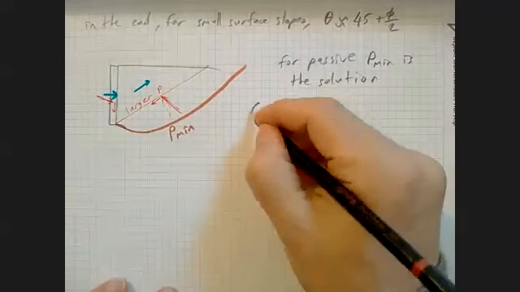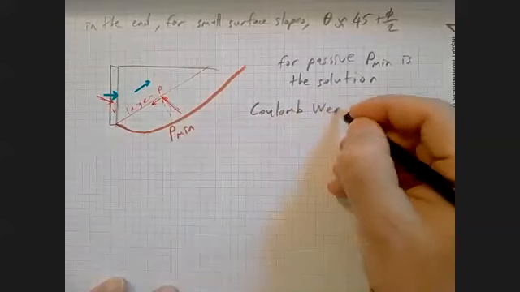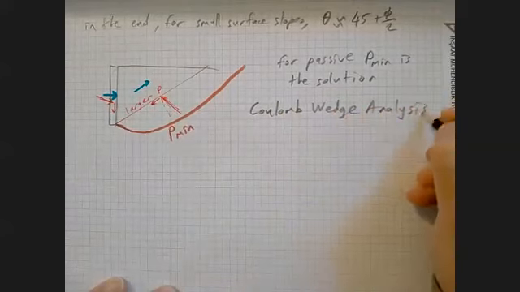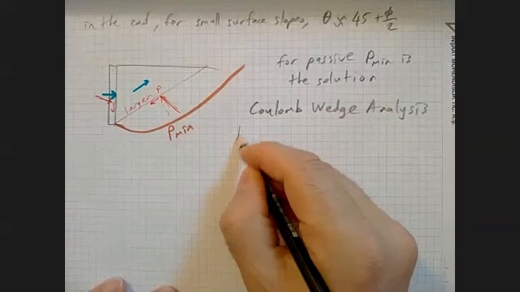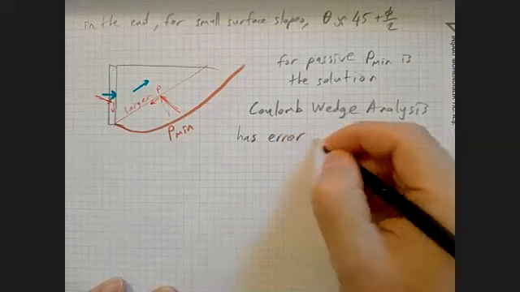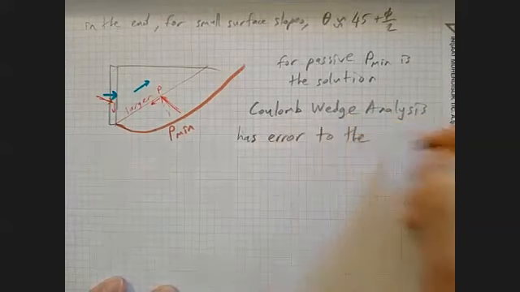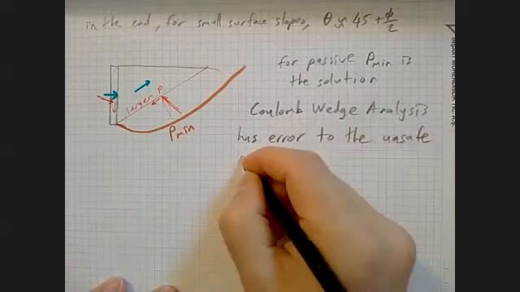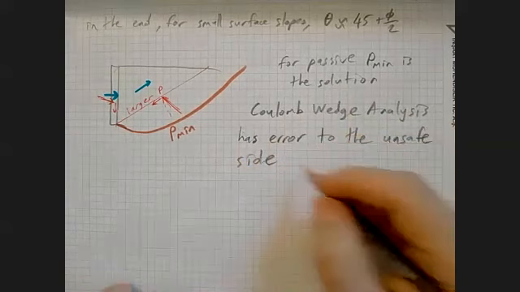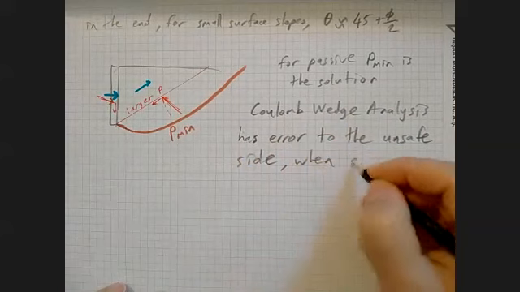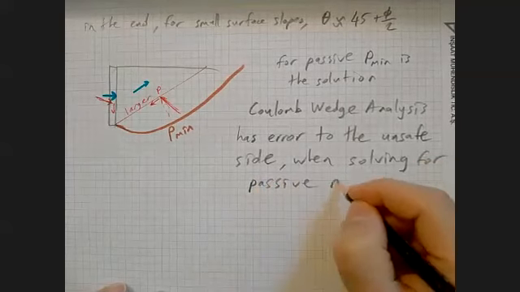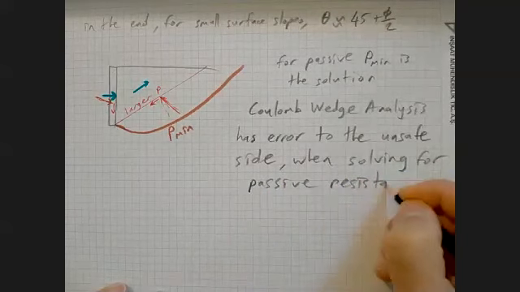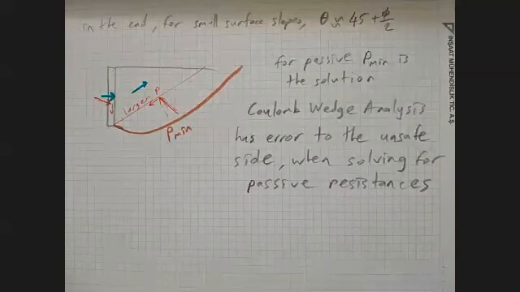So Coulomb wedge analysis is not good for passive solutions.